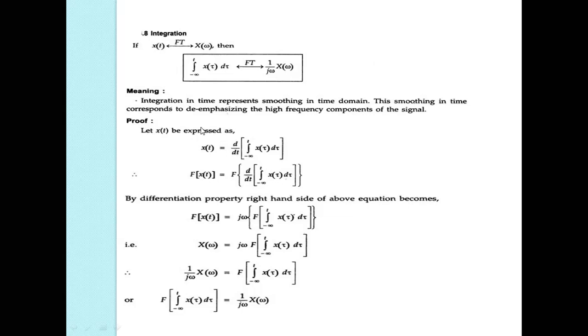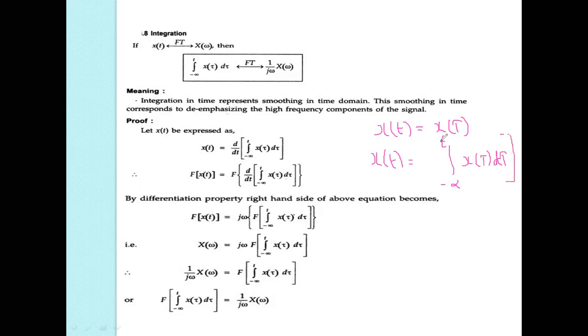Let x of t be expressed as x of tau; t and tau are both equal here. So x of t is equal to the derivative with respect to dt of the integral from minus infinity to t of x of tau d tau.